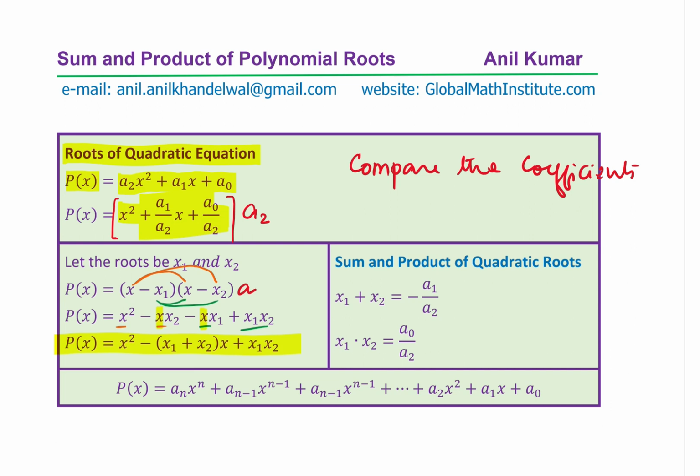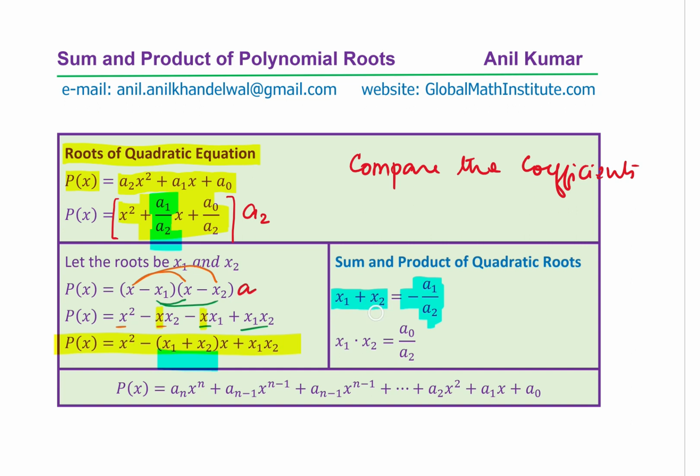Clearly, what we notice here is that the coefficient of x is minus x1 plus x2, which is the sum, right? x1 plus x2. And that should be equal to a1 over a2. I took the minus sign to the right hand side. Do you see that? By comparing the coefficients, you can now relate the roots with the coefficients.